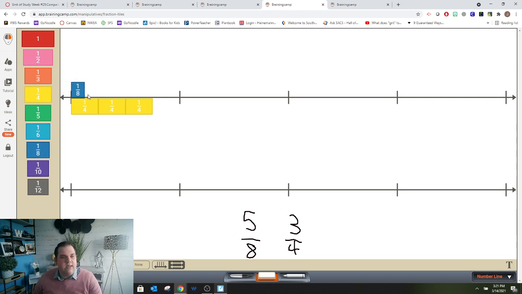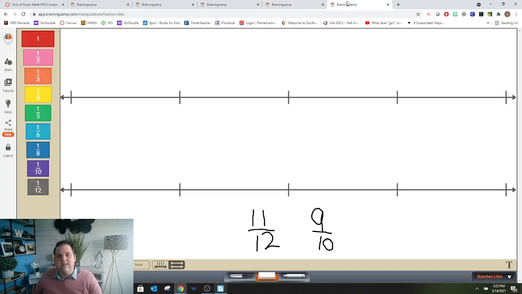And we'll be able to see which one is larger. Oh, I had one too many there. So there's 5/8, and here's 3/4. Here, they're both one piece over 1/2, because right here would be equivalent to 1/2. But the fourth pieces are larger, so the 3/4 fraction is larger, and we should use that less than symbol.